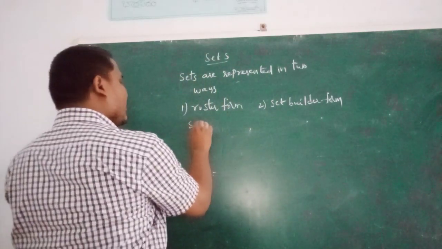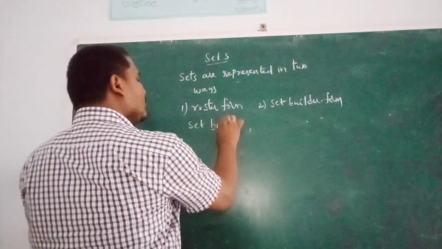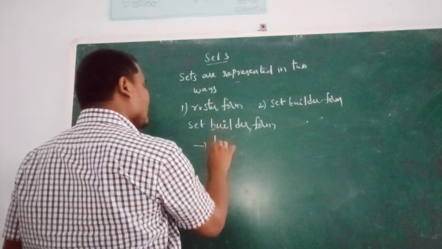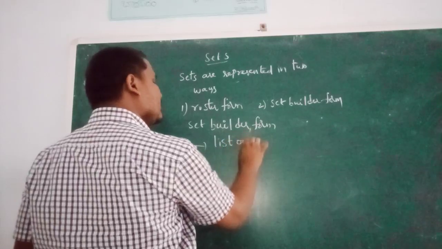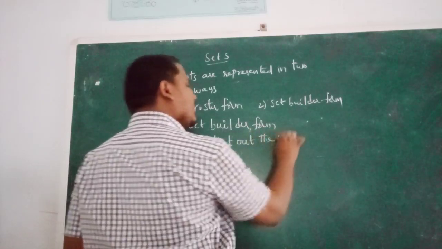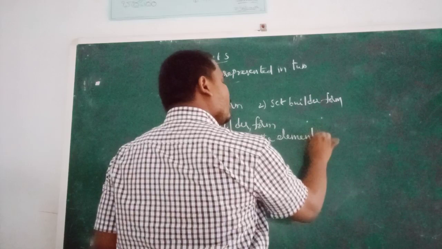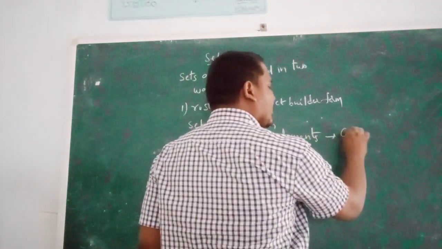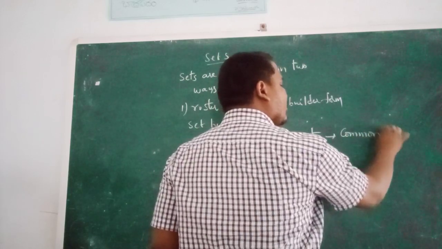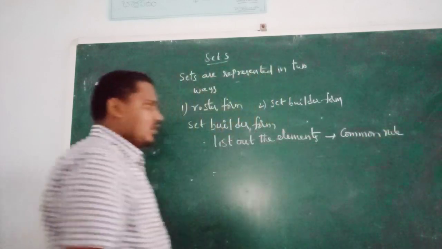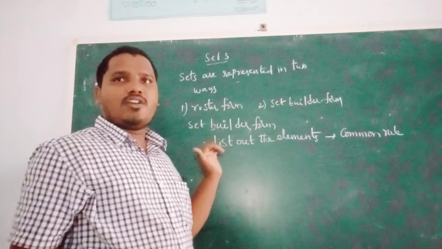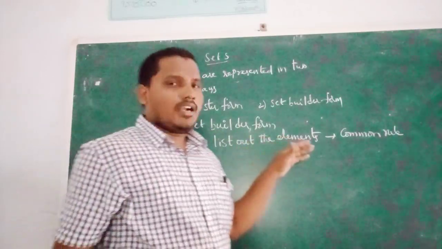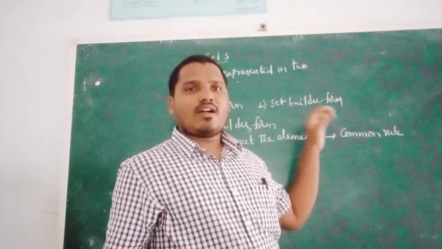Set builder form means they already give the listed elements and we find a common rule. Already they have listed out the elements, and we have to find the common rule.